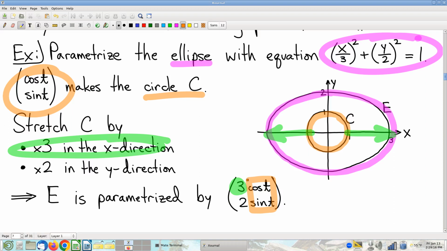Everybody good? And then I can likewise stretch by a factor of 2 in the y direction. I'm going to multiply all the y coordinates by 2 by just sticking that 2 in right there. So we took a parameterization that we already understand, and tweaked it accordingly to give us a parameterization of a new thing. Okay.